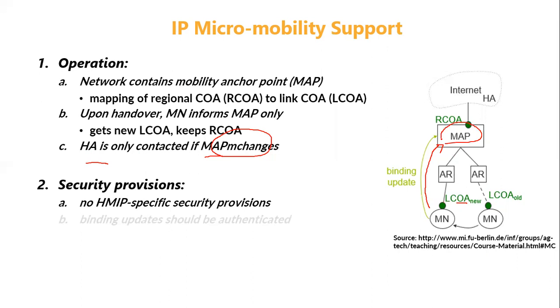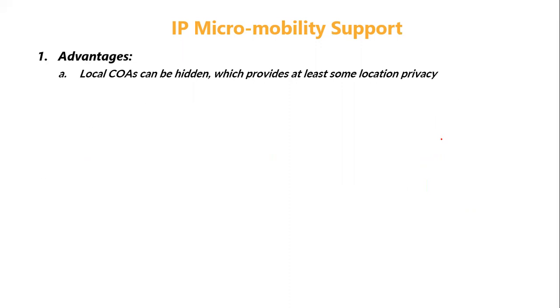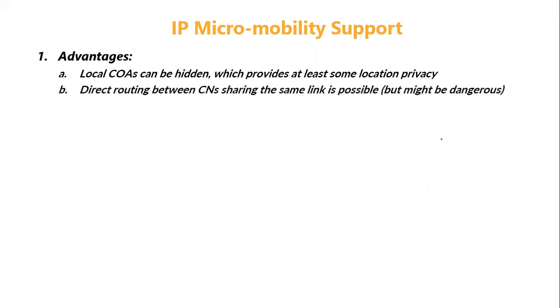So there are no HMAP specific security provisions. There are no specific security provisions added here. The advantage of this technique is that the local COAs can be hidden, which provides some form of location privacy. That is, if a user wants to communicate with the mobile node, he need not know the local COA.